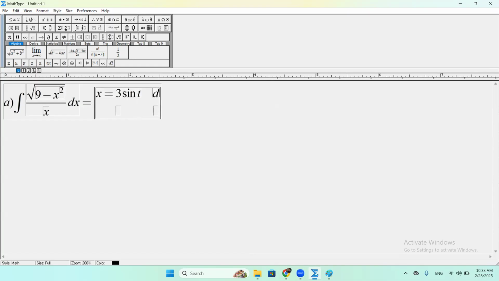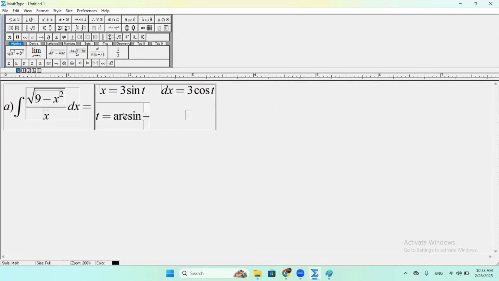Then dx equals 3 cosine of t dt. Of course, let's write down what t equals. So t equals arcsine of x over 3, because we will have to return to the old variables anyway.